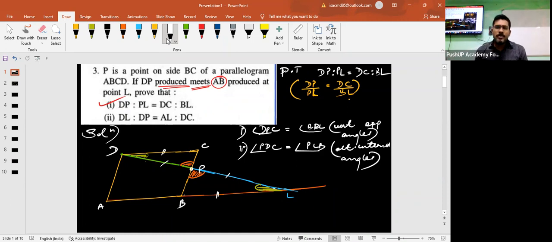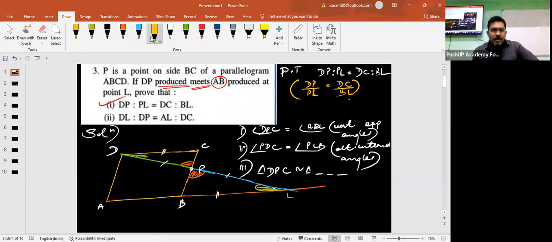Now we can show that they both are similar to each other. So how do you want to name it? Triangle DPC is similar to triangle dash dash dash. What would be the corresponding vertices? Let's find. Children, see here, we have written. D was corresponding to which angle? L, isn't it? This angle D, PDC. If you notice, PDC was corresponding to whom?